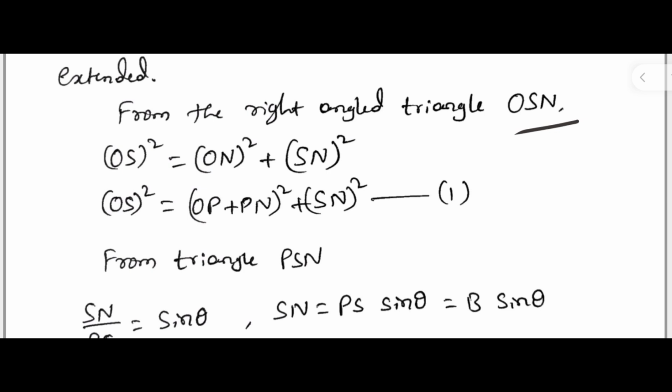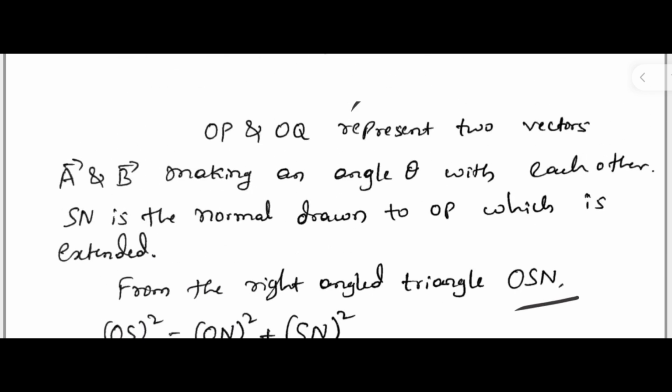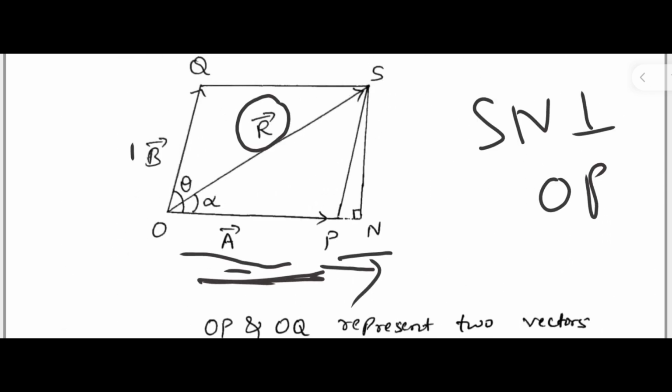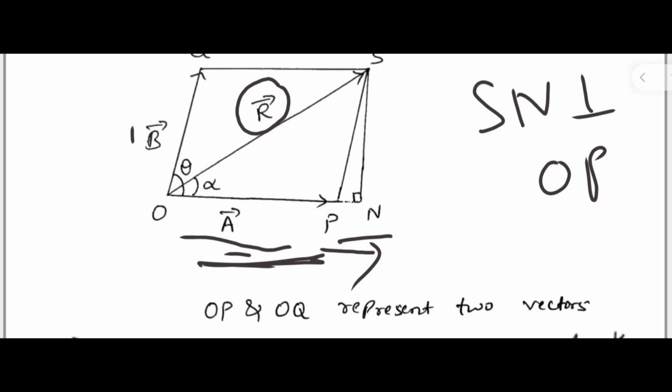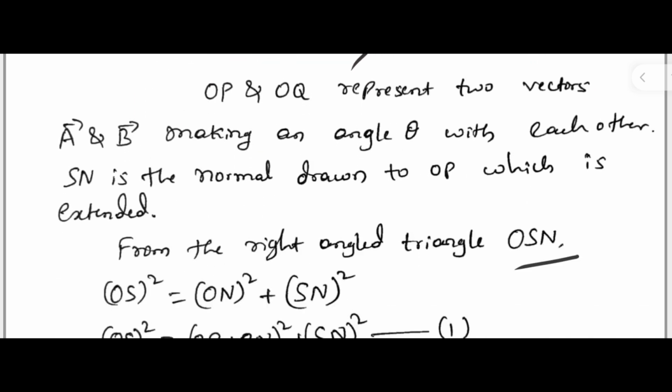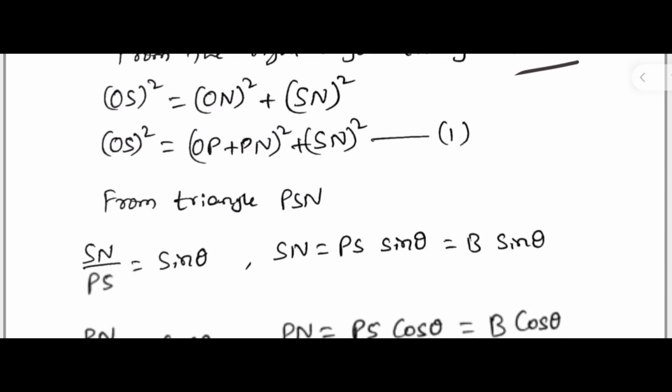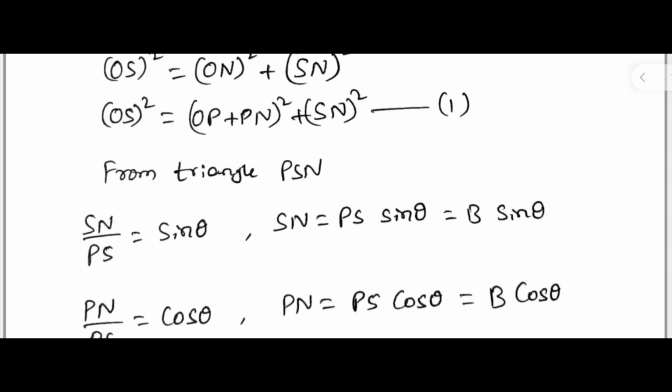From the triangle PSN, the right angle triangle, the smaller one, again we find the sine and cos values. Sin theta, we know the formula, is opposite by hypotenuse.